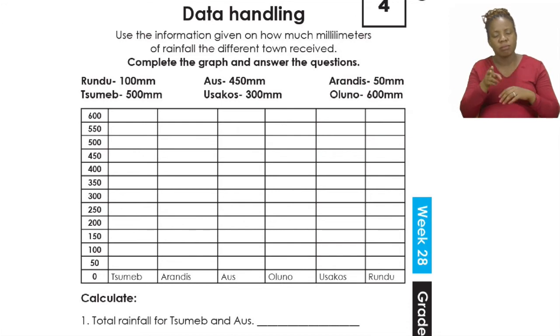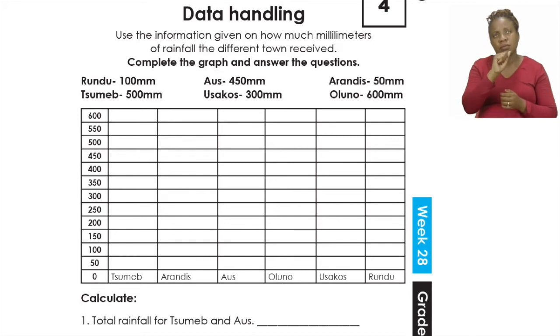Now let's quickly look at how much rain each town received. The town of Rundu received 100 millimeters. Then we have Chumeb with 500 millimeters. Aus 450 millimeters.